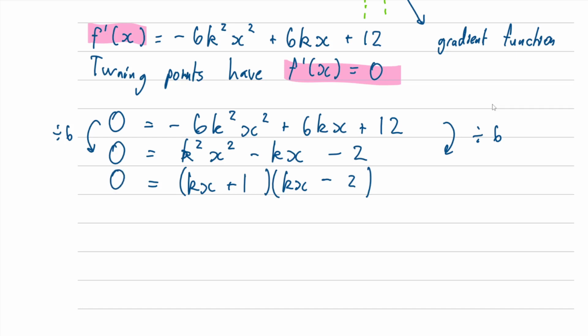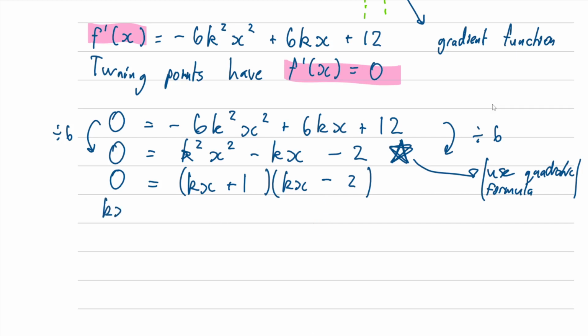Alright, and again, once more, I do encourage you to try, actually from here, use the quadratic formula to find the solutions. So try that out. But we factorized it, so we know that either this equals 0 or this term equals 0.